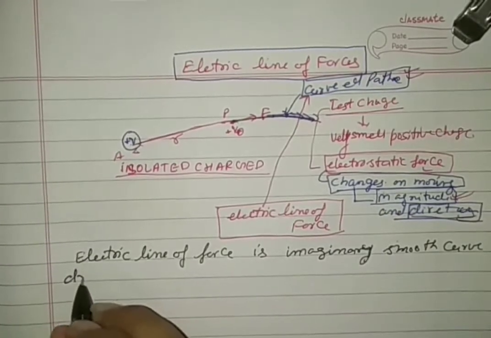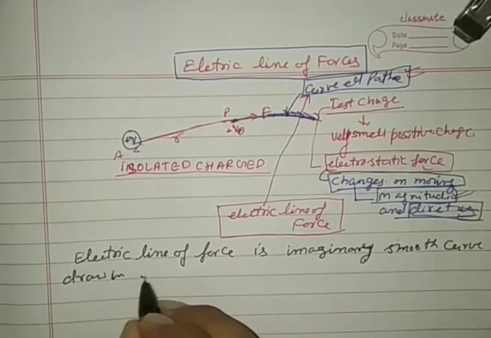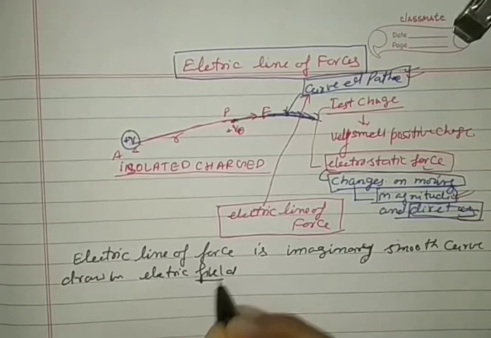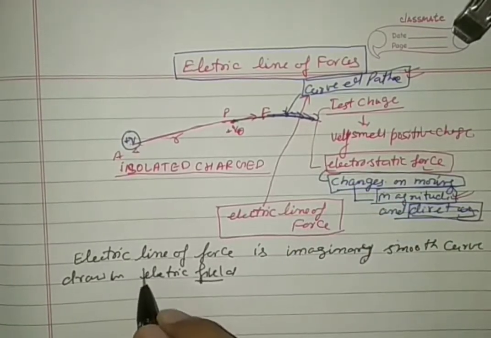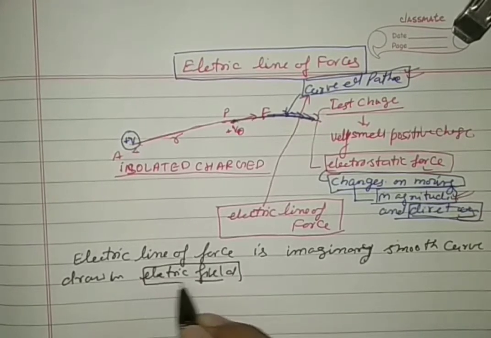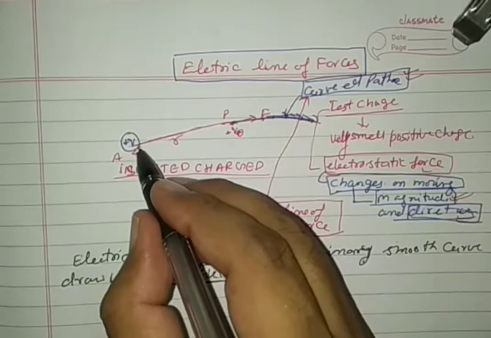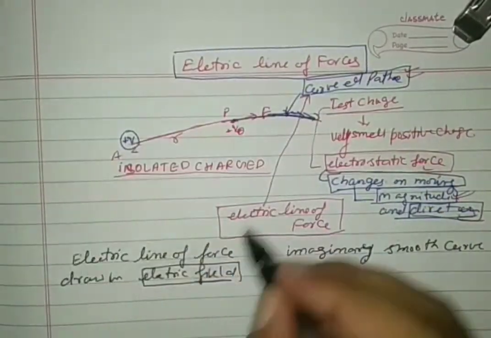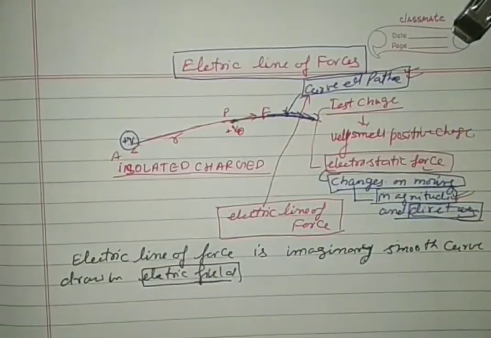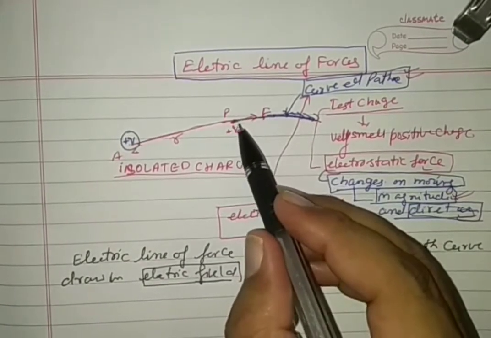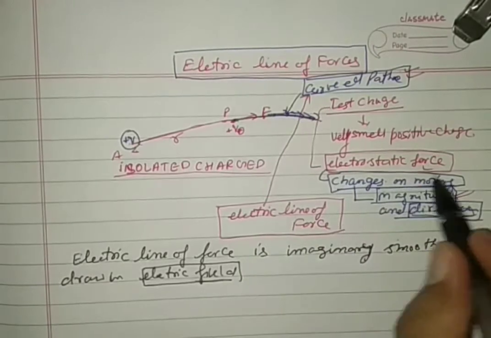in an electric field. See very carefully the meaning of this word electric field. The isolated charged body is Q, so there is an electric field in the space around it. When another charge is placed inside the field, it experiences electrostatic force.